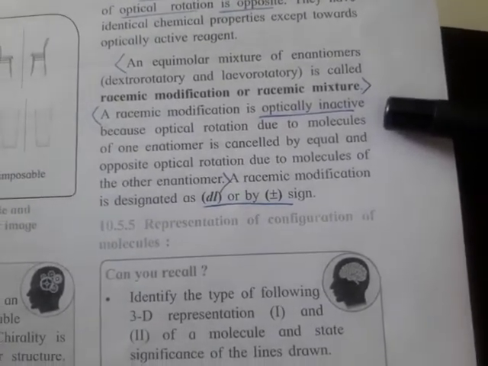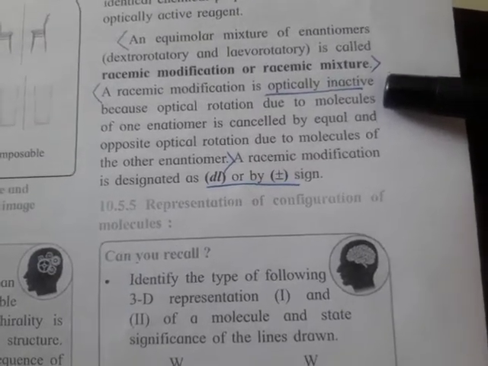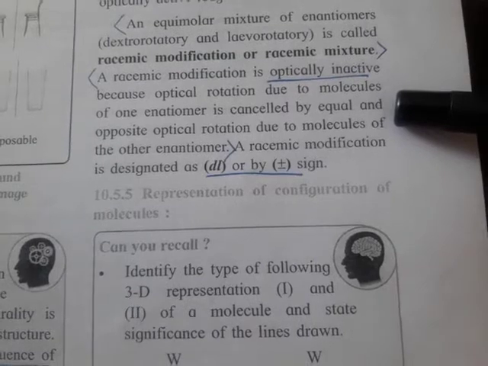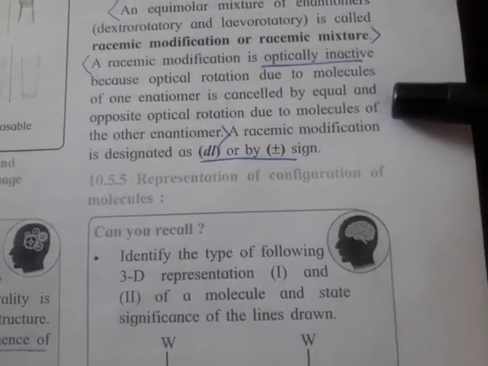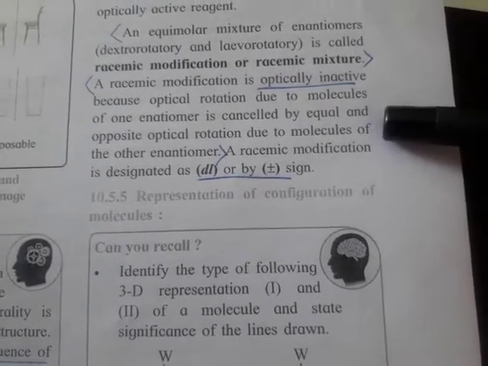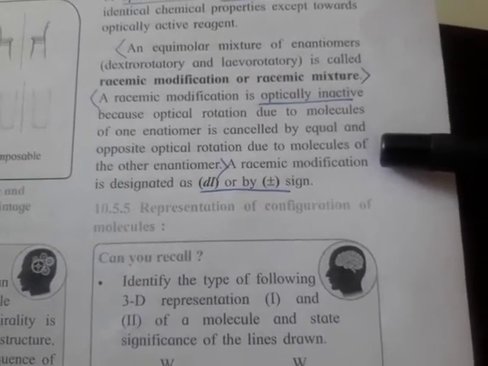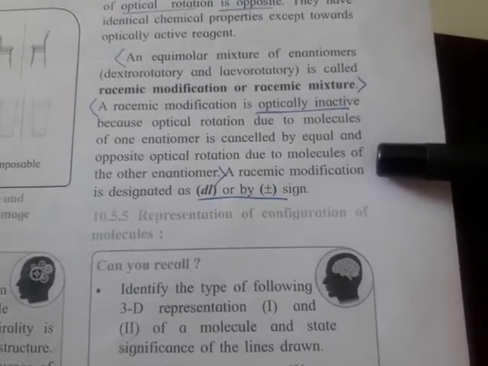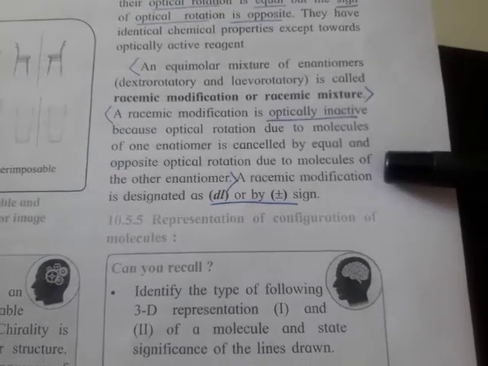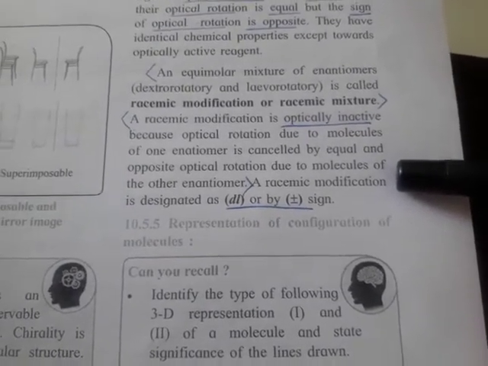This we call external compensation, or it is given that it is optically inactive because the optical rotation due to molecules of one enantiomer is cancelled by the equal and opposite optical rotation of the other. It's like playing a tug of war. There are two teams standing in opposite directions, and each team is pulling the other.